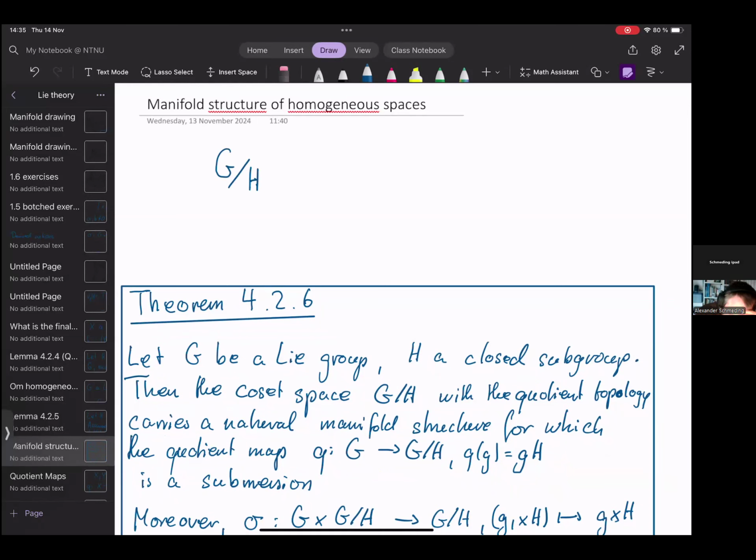And here, the name is a speaking name. So in the end, we basically want to construct a manifold chart. But how do we do this?